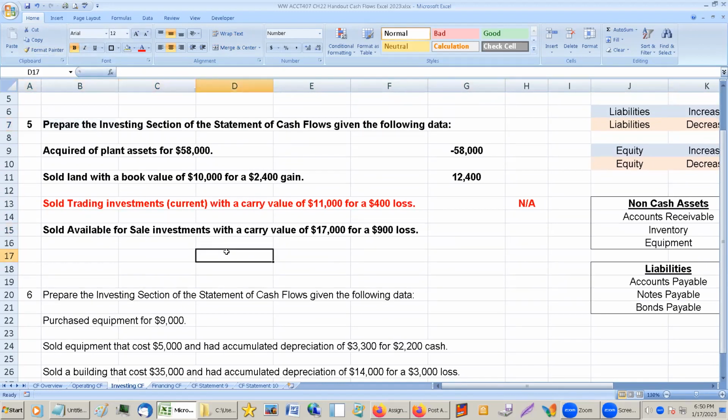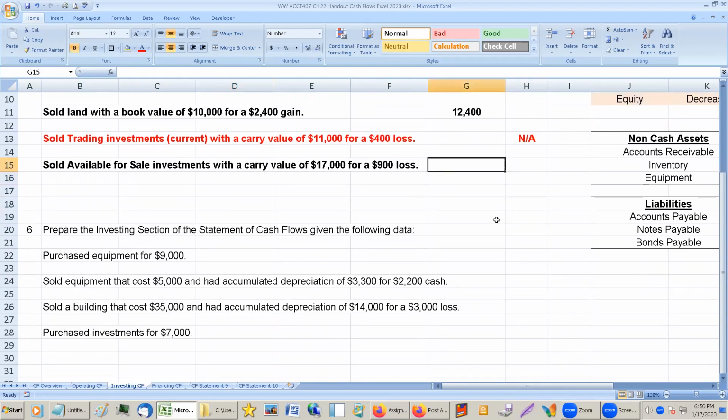How much should we get for these? 16,100. Yep. So we got 6,100 loss. Now notice this, you look at this loss and you may be tempted to put it as a negative, but the actual cash coming in is 16,100.